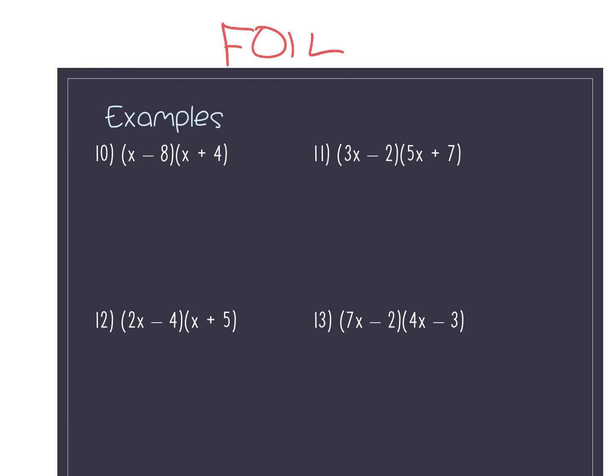So the F is for first, the 2 first terms in each binomial. The O stands for the outer or the outside terms. And then the I is for inner or inside. And then the L is for last, the 2 last terms. You can use the acronym or just distribute.